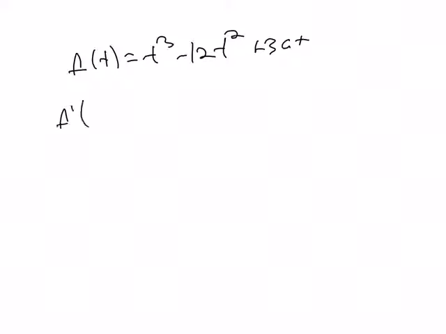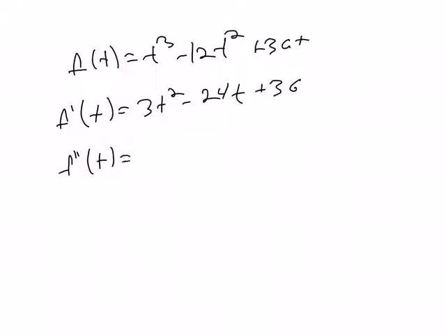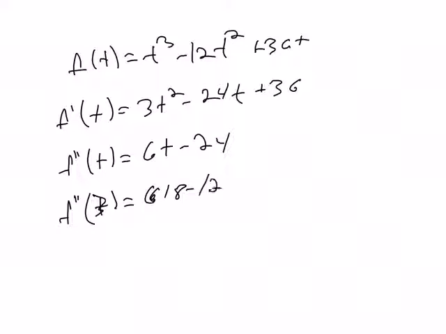So f prime of t is going to be 3t squared minus 24t plus 36. And so then f double prime of t is going to be 6t minus 24. And this is the acceleration, and then after 3 seconds we're going to get f double prime of 3 is going to give us 18 minus 24.